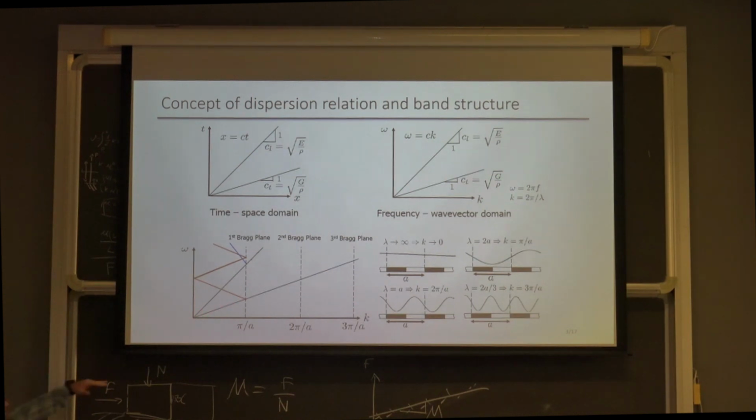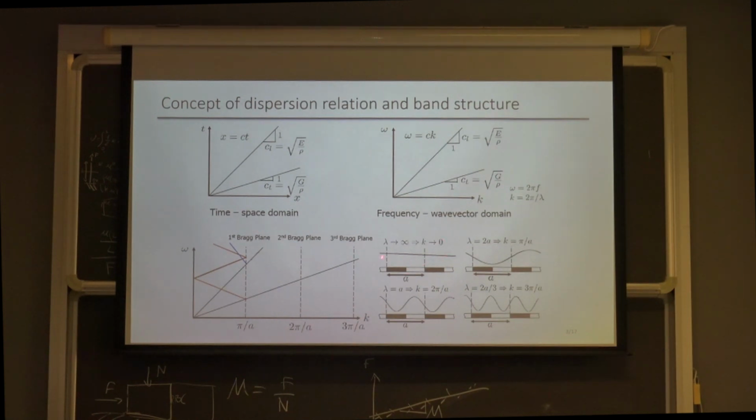Here this is the lattice size, and I reflect from the second part, then shift from the third, and so on. In this case, I will be able to see all the allowed frequencies for all the wave vectors just within this rectangle. So this is a very handy thing.